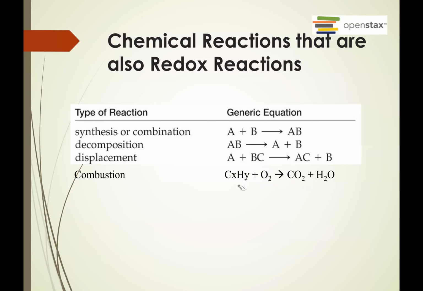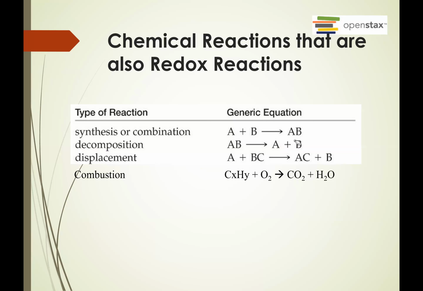So these reactions we're going to look at are oxidation reduction, and they're going to be classified into different types. Synthesis or combination, which are used interchangeably, is when you have two separate things and they combine to make one. Decomposition is when you have one thing and it splits into more than one thing. Those are pretty self-explanatory.